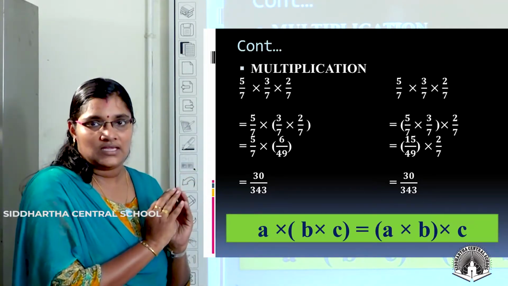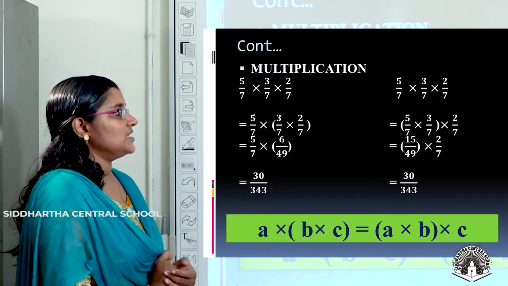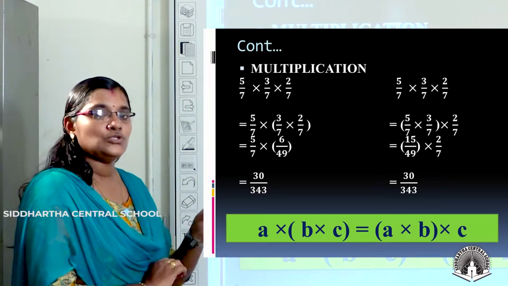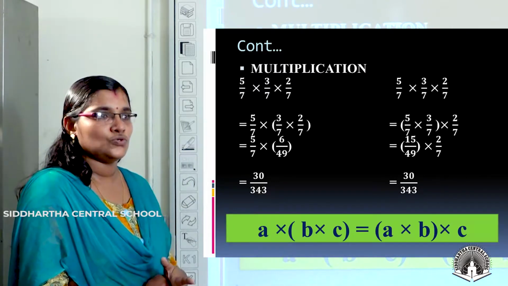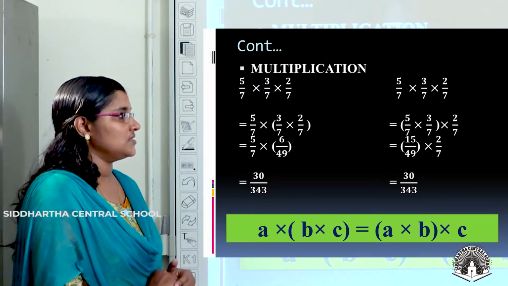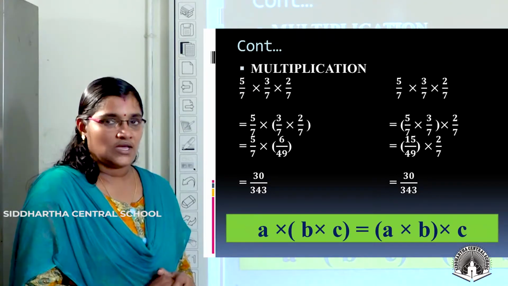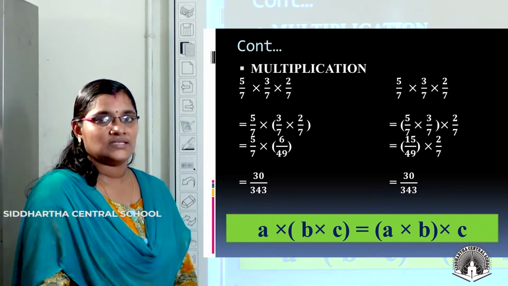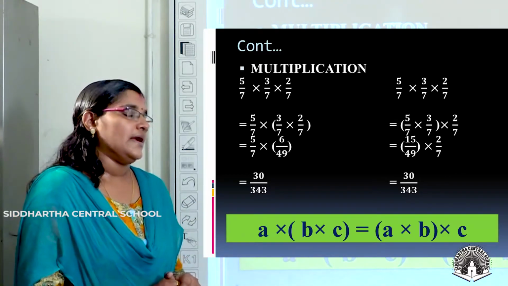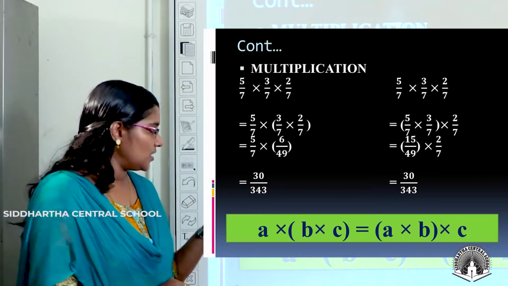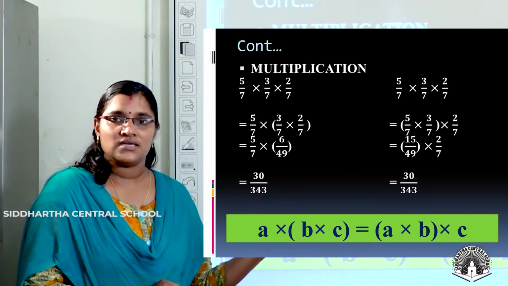Then second, we can also interchange the bracket. The first two we take in the bracket. So (5 by 7 into 3 by 7) into 2 by 7. So first you have to multiply 5 by 7 into 3 by 7. So what is the answer? 15 by 49 into 2 by 7. So the answer is what? 30 by 343. So here also in both cases the answer is the same.